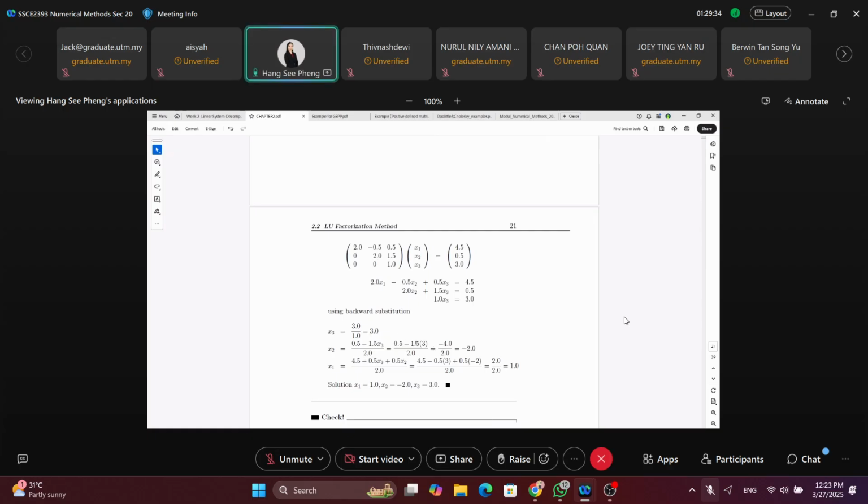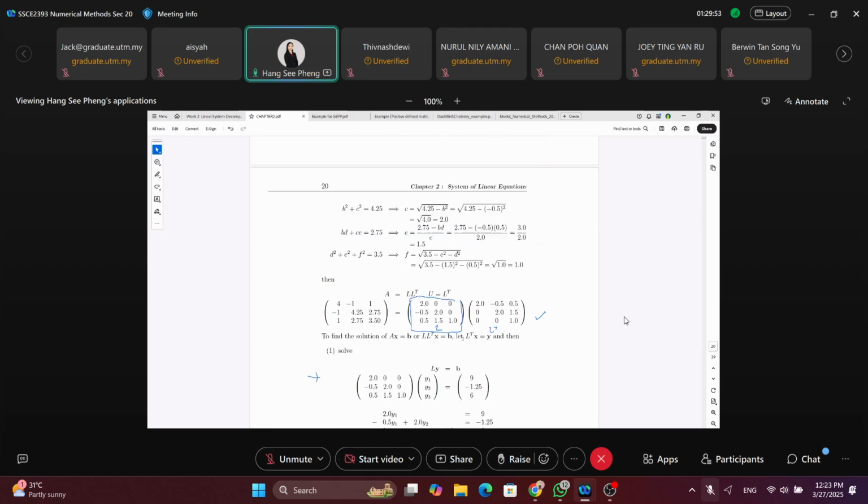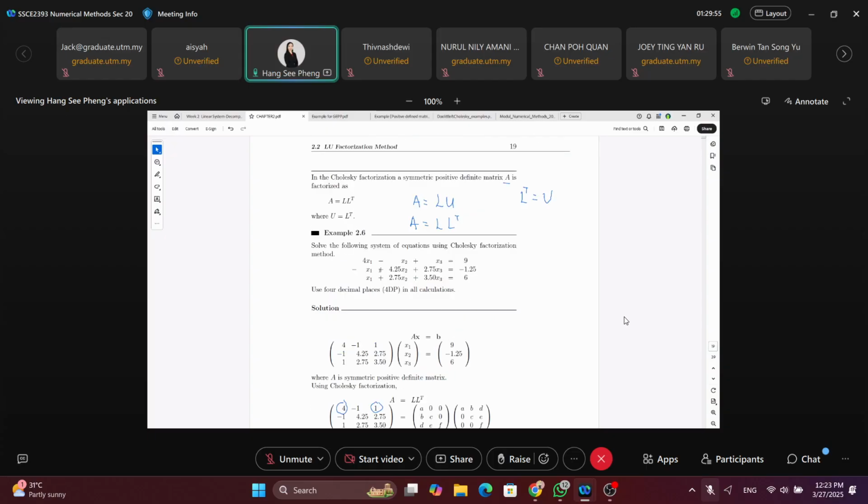For me, it is not compulsory to show it in detail. If you want to show, that's fine, if you have time. But if you feel that you just want to solve it quickly, then you can just give what is x1, x2, and x3. You can do the checking with the actual solutions. Your calculator can give you directly the solution, so you can compare it with the solutions that you estimate using the numerical methods.